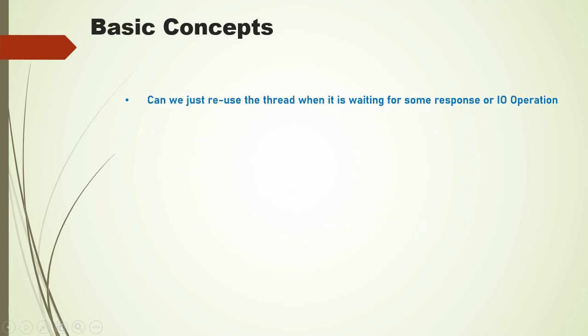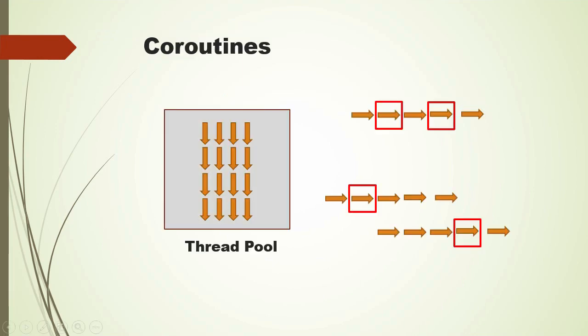Now can we reuse the thread when it is waiting for some reason, like a response or an input output operation? Can we use it? So here, look at this. First it would go on this, and here are some thread pools.